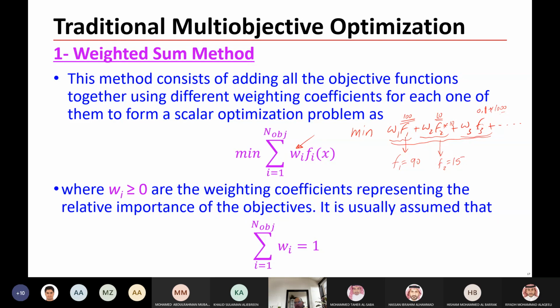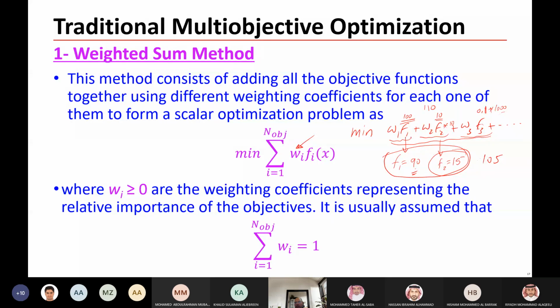15 is worse than 10. But generally, you have a summation here: 90 plus 15 is 105, and this one is 110. And you assume you are minimizing, but you are minimizing one objective at the expense of the other, which is not, of course, needed here. We need to minimize all the objectives.